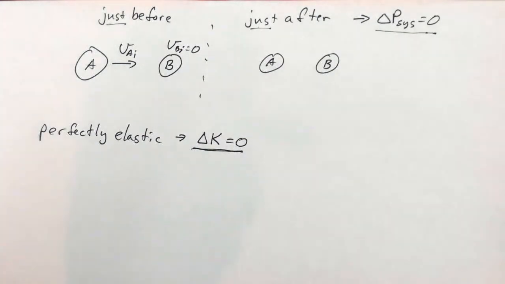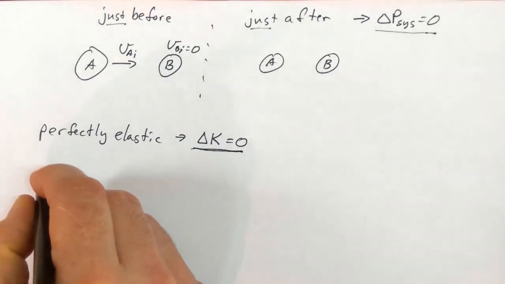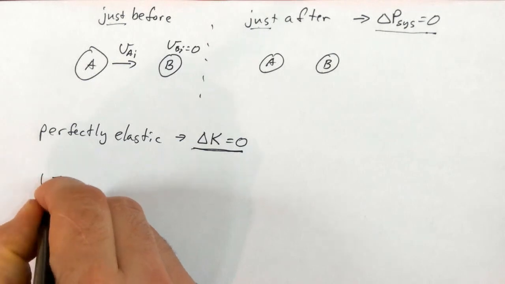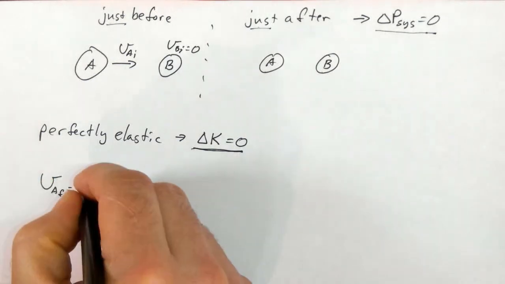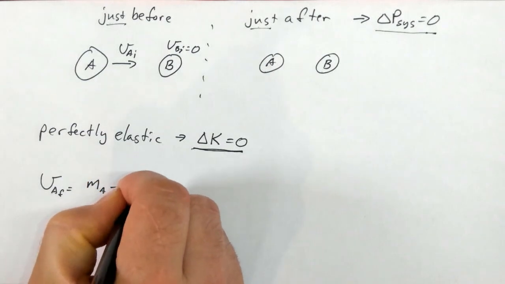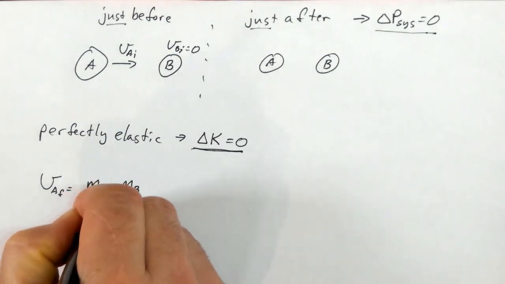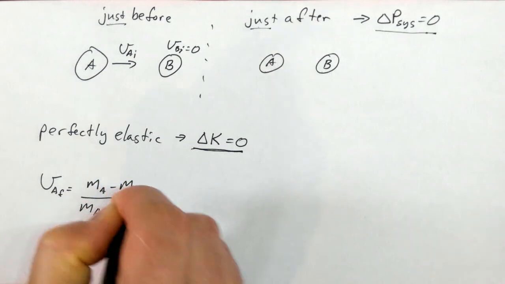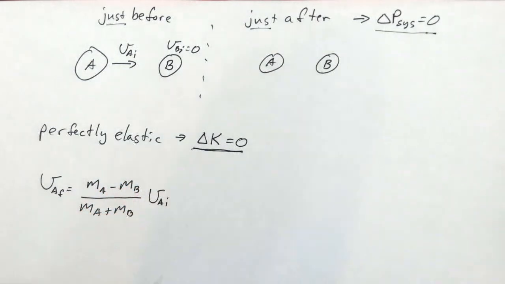What I want to do is focus on the results. What you get is that V_A final is equal to (M_A minus M_B) over (M_A plus M_B) times V_A initial.